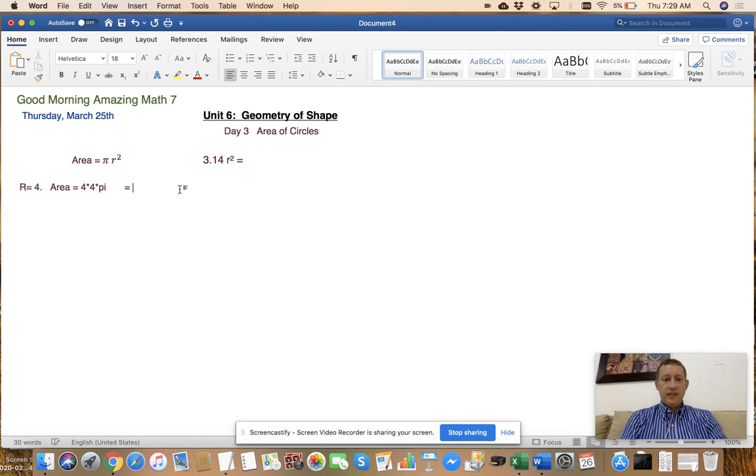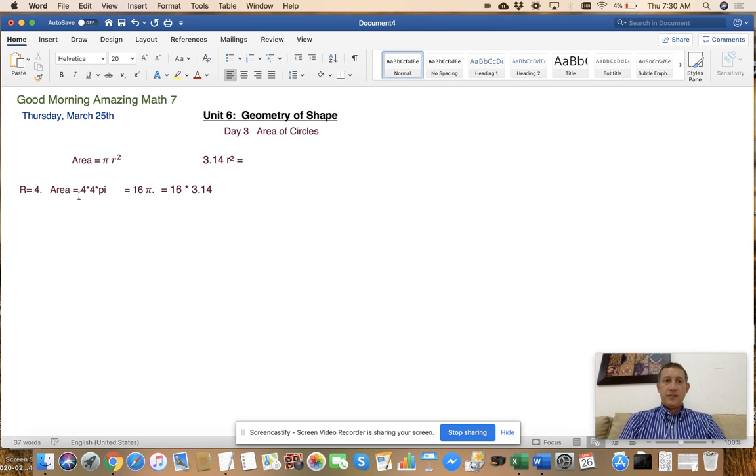So that's going to be 16 times pi. There you go. 16 pi is your answer. If you want to do an approximate, this is your exact answer. If you're asked to do an approximation answer, you do 16 times 3.14, and then just multiply that out. You guys know how to multiply.